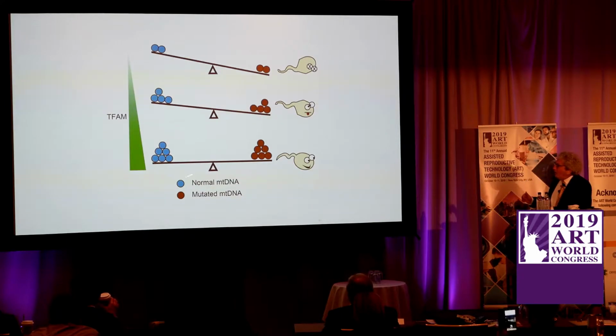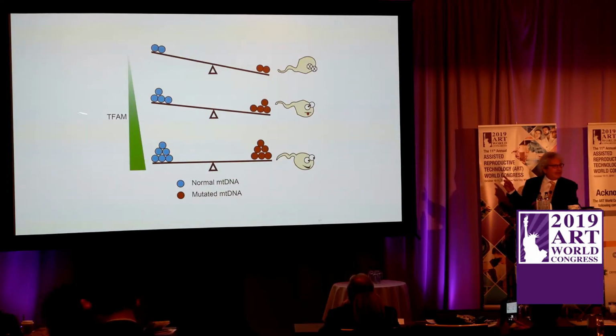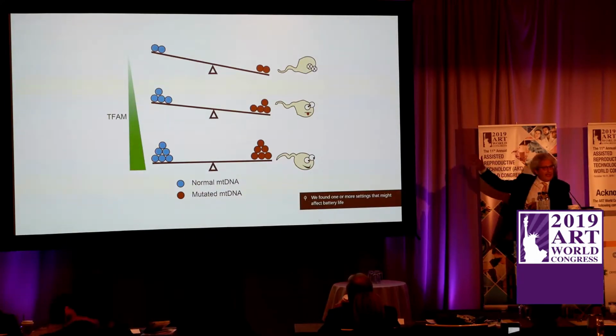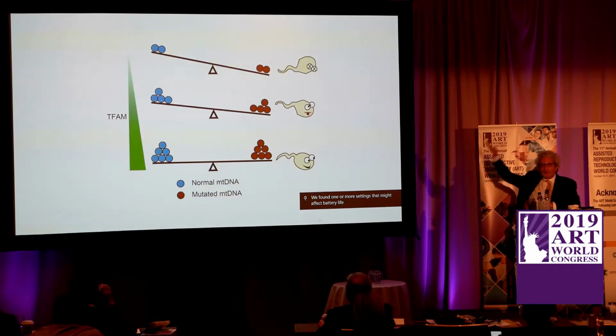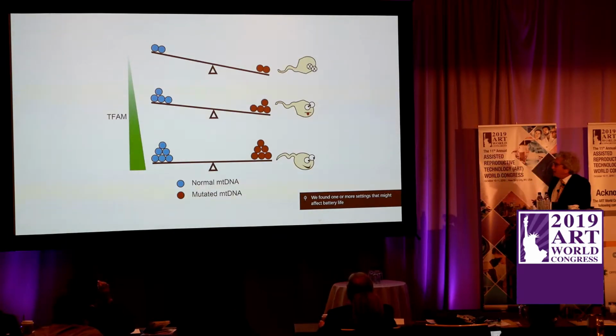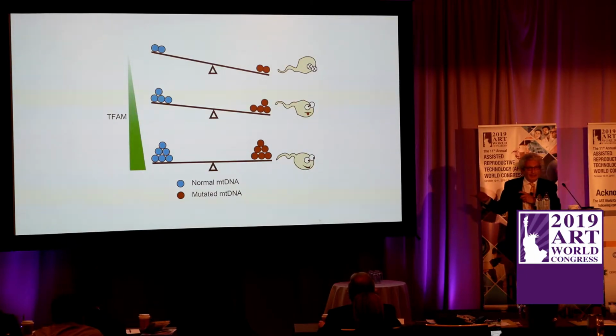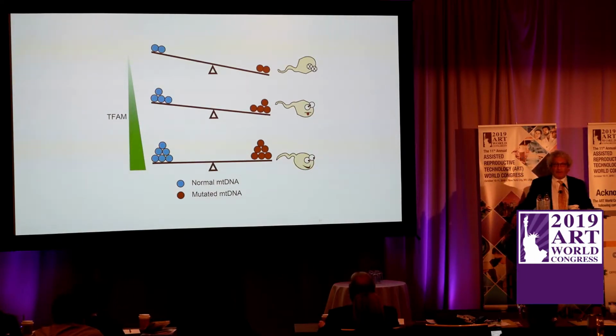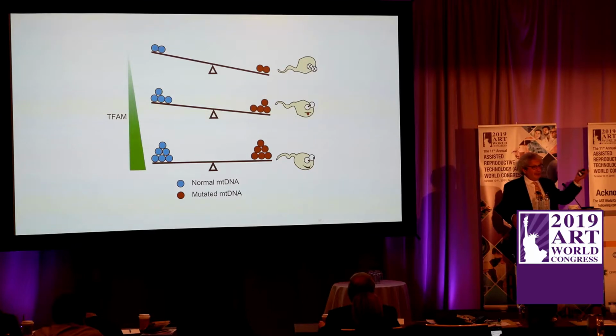Just by overdriving the normal mitochondria, you're not knocking down the rotten mitochondria, you're overexpressing the healthy mitochondria, you can restore fertility. So even though I haven't been a big proponent of mitochondrial transfer and other things, there is evidence that putting in more healthy mitochondria may in fact overcome.